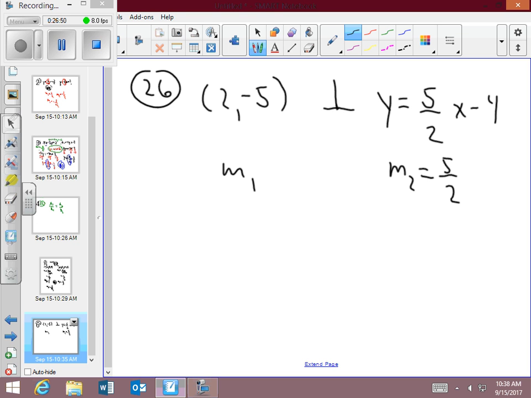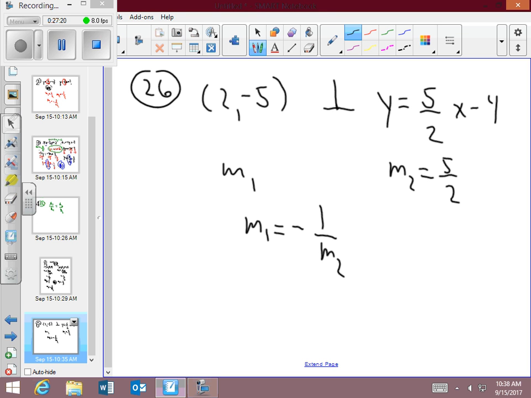Now, this line that has this information is perpendicular to that line. What's the relationship between perpendicular lines? Negative reciprocal. So in order to find M1, we go negative 1 over M2, correct?